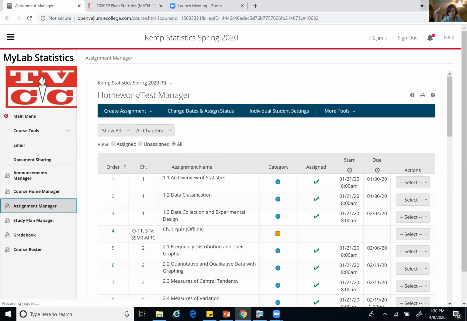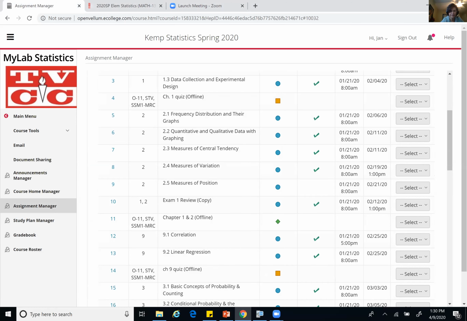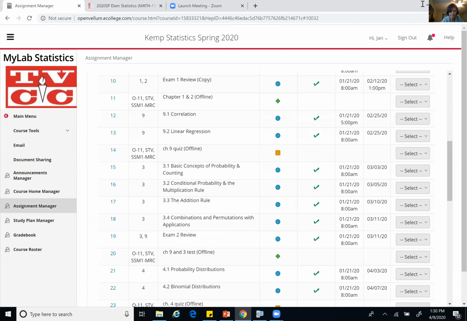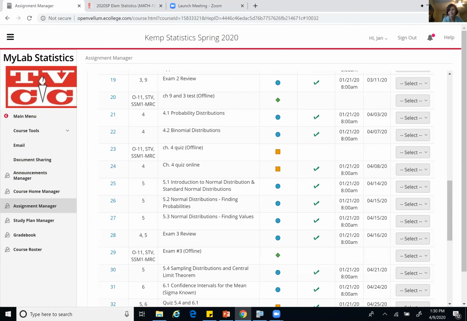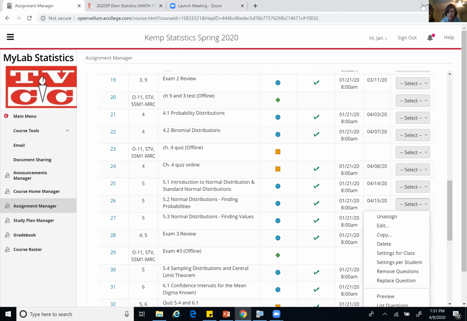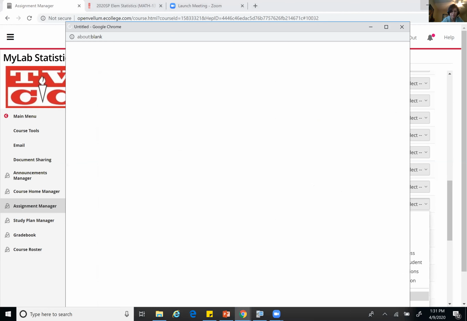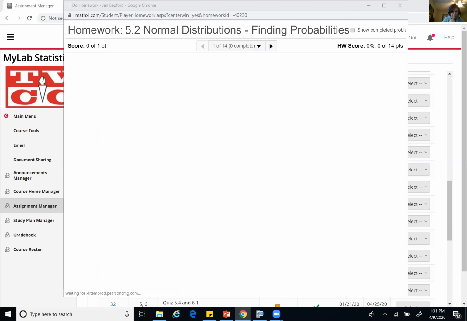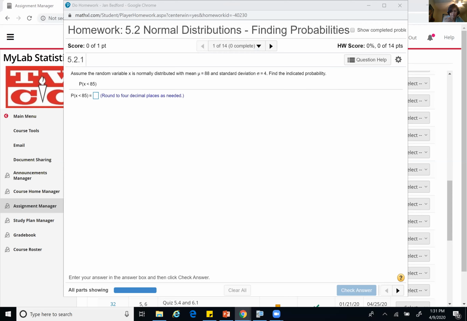Okay, are y'all seeing the MyMathLab screen or not? Yes. Okay, just want to make sure that it actually opened, and I'll have to change screens here in a minute. So let me pull up something from 5.2.